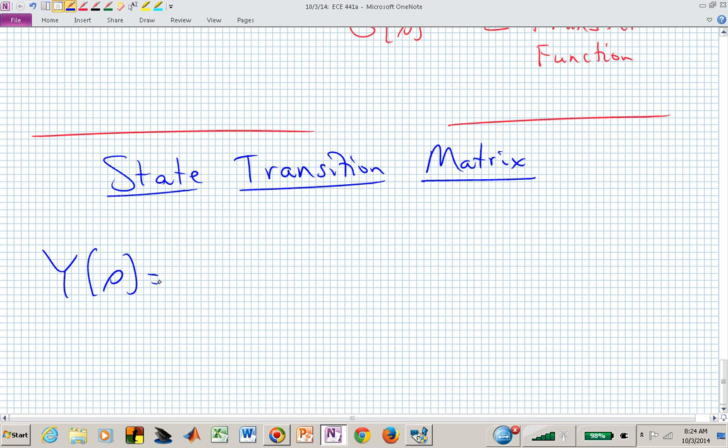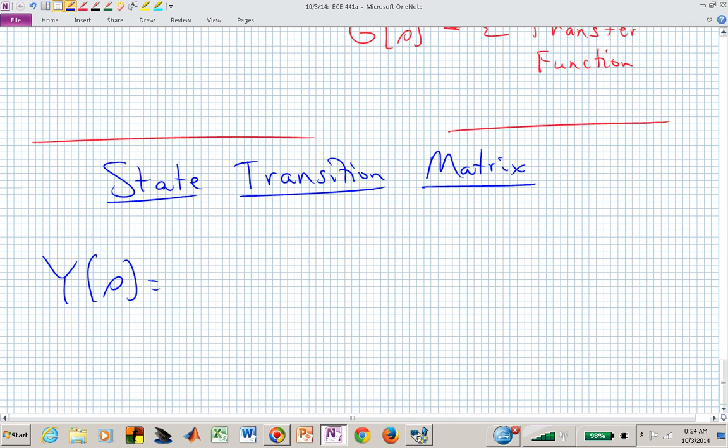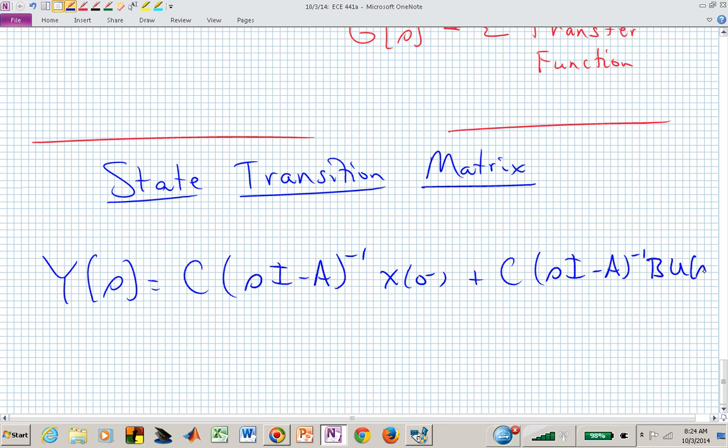From our equation, y of s, we had the state transition matrix actually appearing a couple of different places. We had c, si minus a inverse times x of 0, plus we had c, si minus a inverse b u of s, and the state transition matrix that we're interested in is this piece that appears in both parts of the total solution.